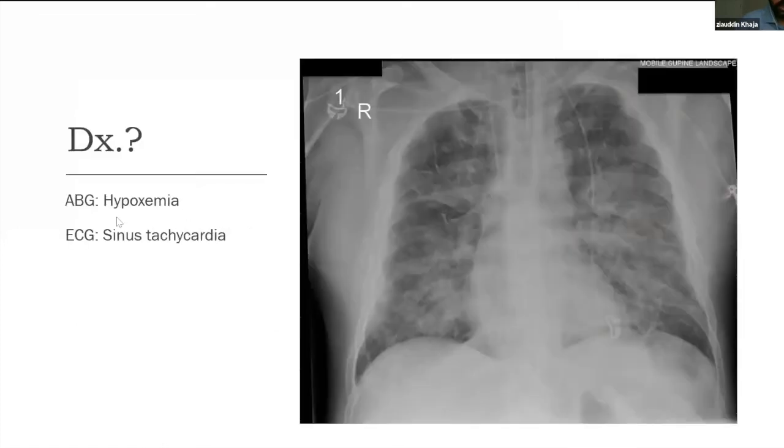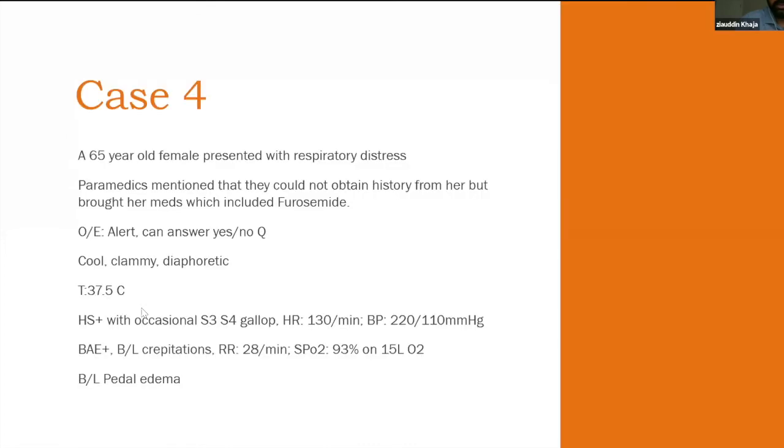Right. On the ABG, we saw hypoxemia, and the ECG was showing sinus tachycardia. So why do you think the blood pressure is so high? Basically, the ability of the heart to pump is negligible. It's not working properly.